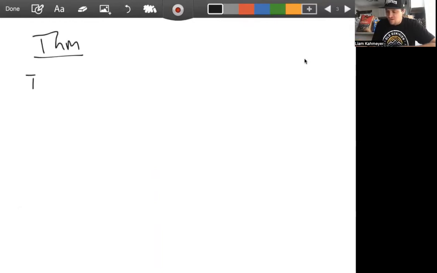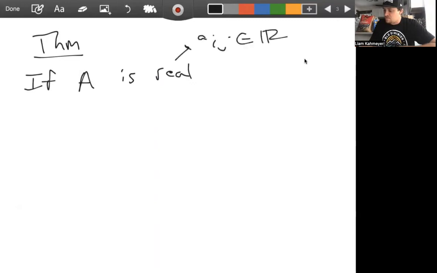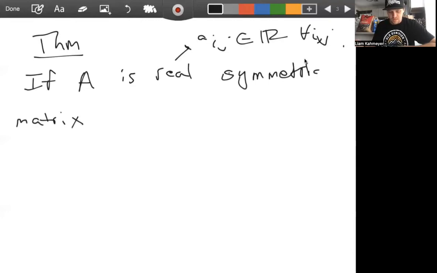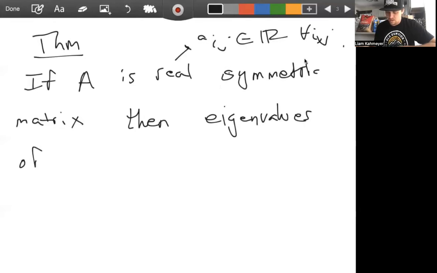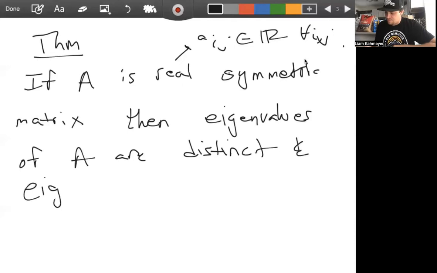If A is real valued, and I'll just say real, this just means a_ij is an element of the reals for all i, j, real symmetric matrix, then the eigenvalues of A are distinct. And also, we have that the eigenvectors are orthogonal.